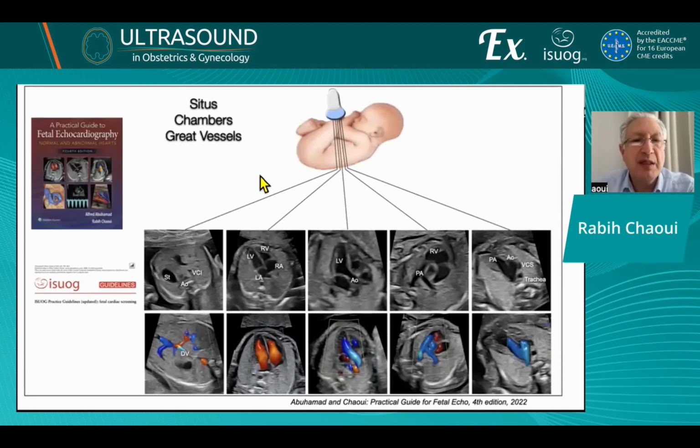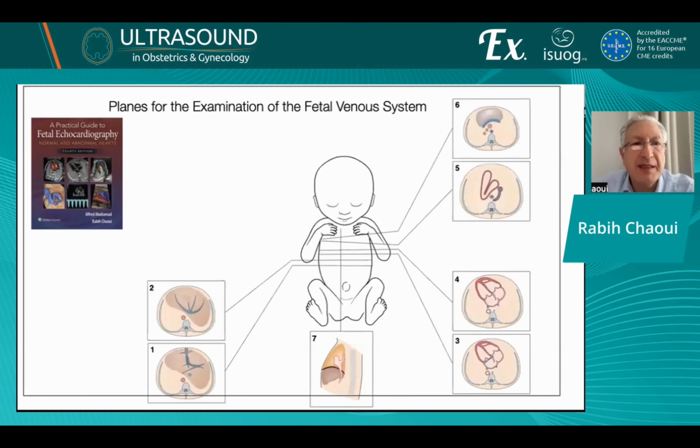But in addition to these planes, there are other planes dedicated to the fetal venous system. You should know, especially if you are performing a targeted examination. And in this talk today, I will be showing you three typical anomalies.